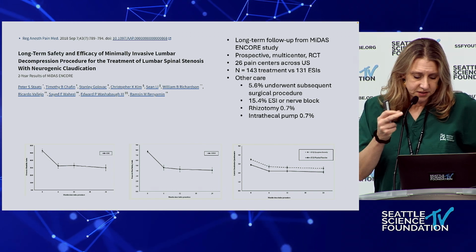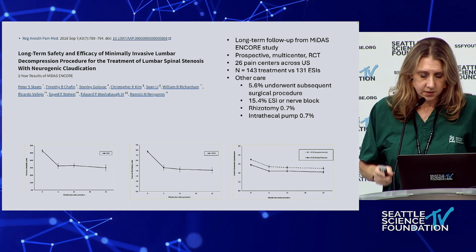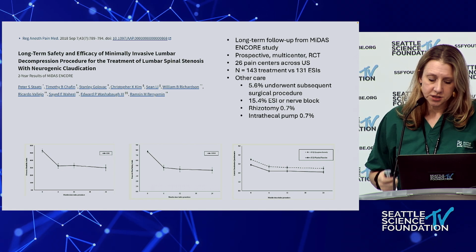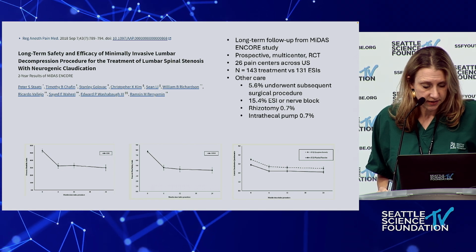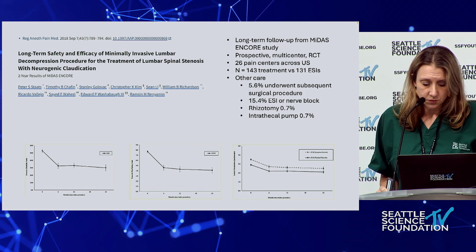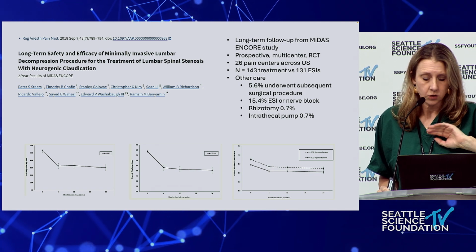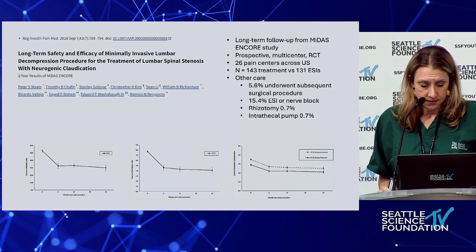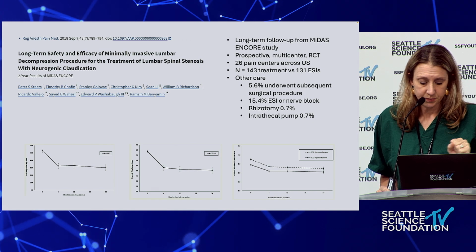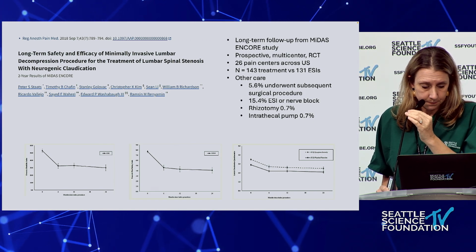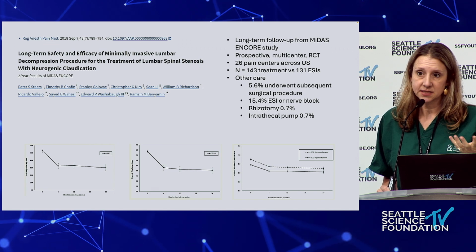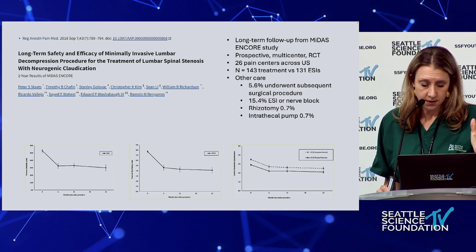So, long-term safety. This is just a quick slide. The references for each of these are available in the deck, but this is a long-term follow-up from the MIDAS ENCORE study, which was a prospective multi-center randomized controlled trial across the United States. In this trial, 5.6% of patients who underwent the MILD decompression subsequently underwent another surgical procedure.